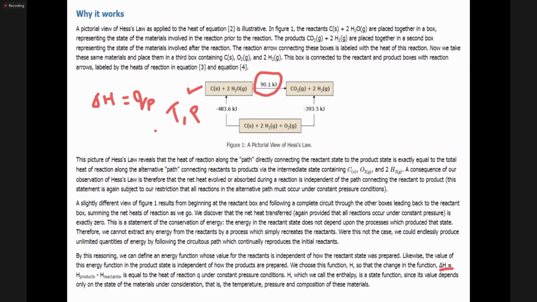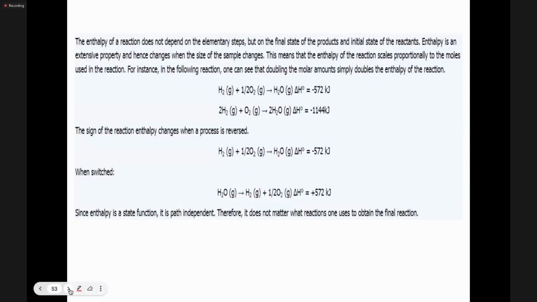It is a state function whose value depends only on the state of the materials under consideration, that is, the temperature, pressure, and composition of the materials.